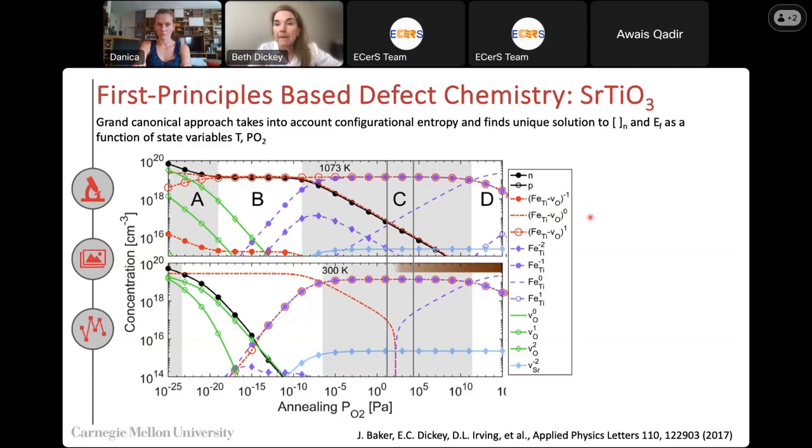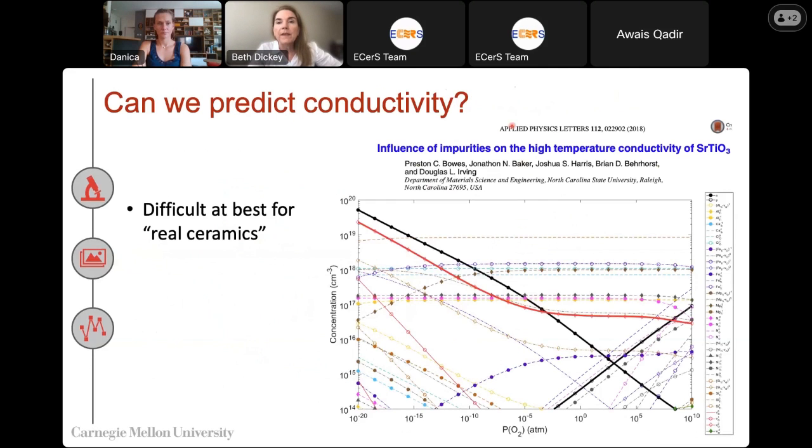Okay? All right. One thing we might ask, with these conductivity plots that I started with at the beginning, where we make experimental measurements and infer the defect chemistry, is how good are we, in ceramics, at predicting the conductivity? And this is a bit of an eye chart, but it gets the point across in strontium titanate.